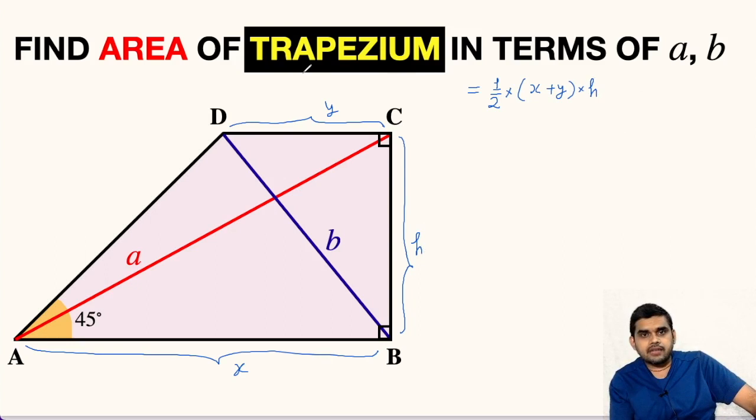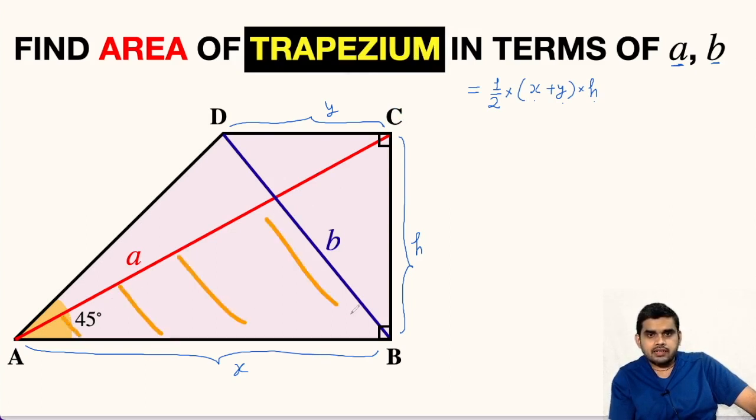Now since we have to express the area in terms of small a and small b, we have to express x, y and h in terms of small a and small b. For that, first of all, let us focus on triangle ABC. In triangle ABC, it is a right angle triangle, and remember that this angle is not 45 degrees.